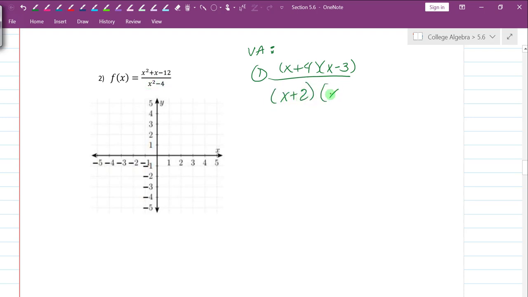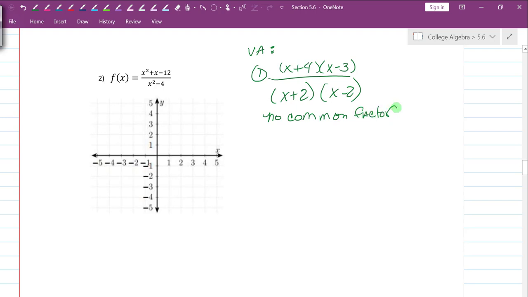And when you look at this initially, you're like, ooh, this is going to definitely factor. But when you look at it, after you actually do the factoring, you see there is no common factor, okay? Okay, so now we're looking for vertical asymptotes.